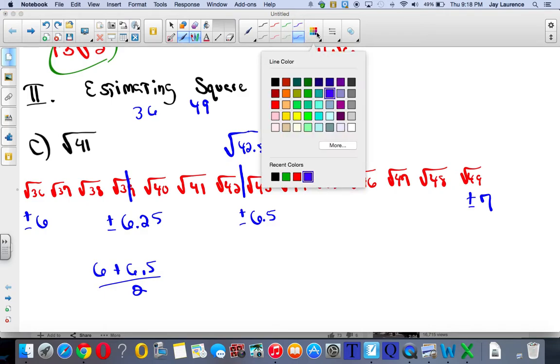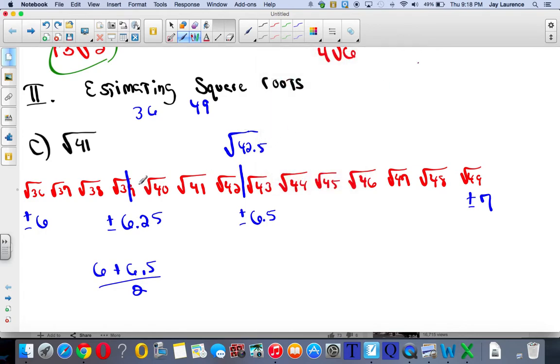All right, now I'm going to change colors so my work stays a little separated. Now, I'm going to try to get the median here. It's a little bit weird, but it looks kind of like the 41 is maybe in the middle, doesn't it? That's not exactly the middle. It's probably going to be skewed over here a little bit.